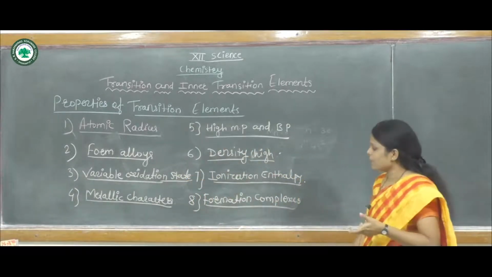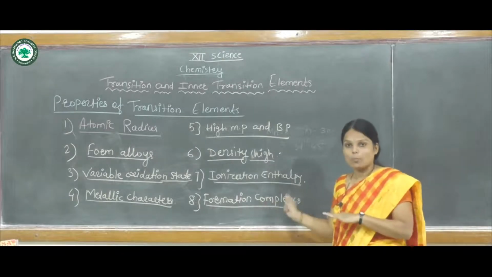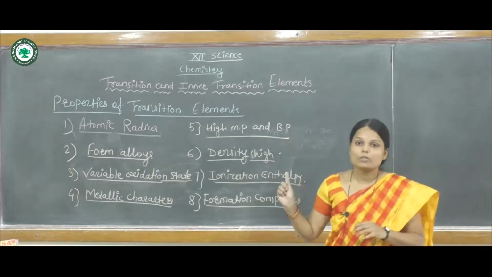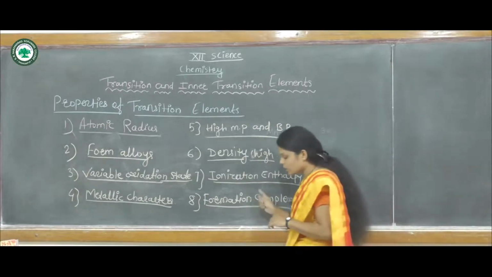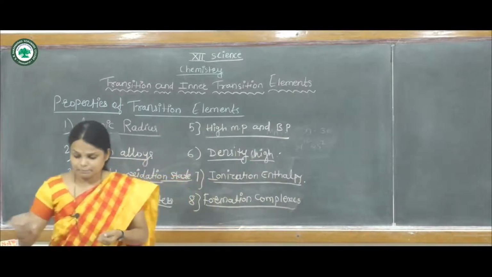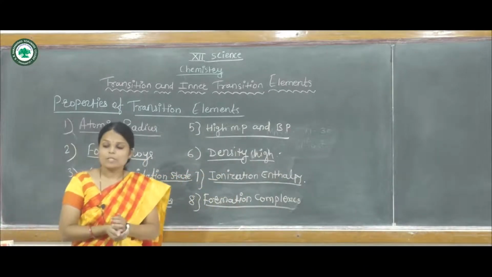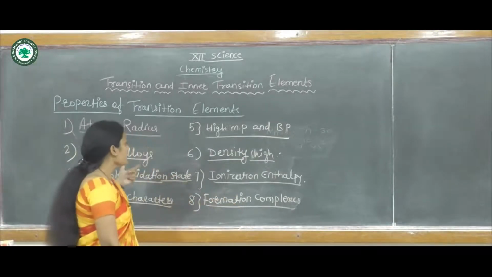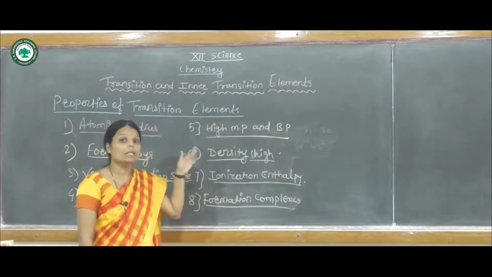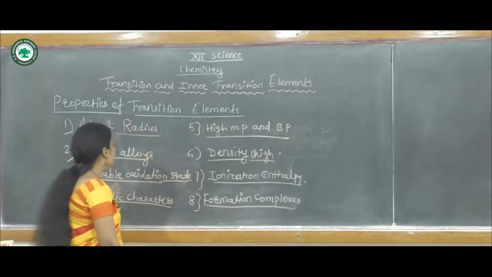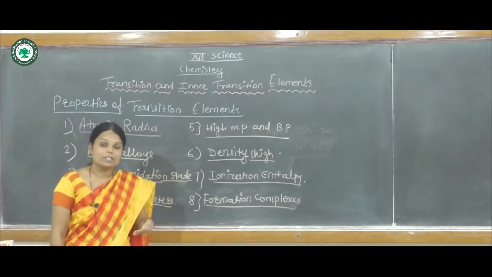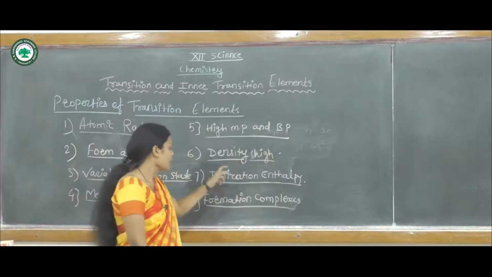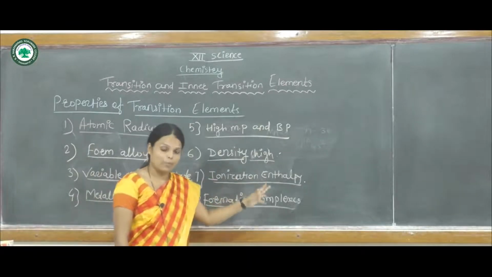All of these transition elements are metals, and they can form complexes. A number of metals combine with each other, forming complexes. Why do they form complexes? Because a number of unpaired electrons are present, they have high melting and boiling points and high density, and their atomic radius first decreases, meaning a smaller size, and then increases, and that's why they can form complexes.